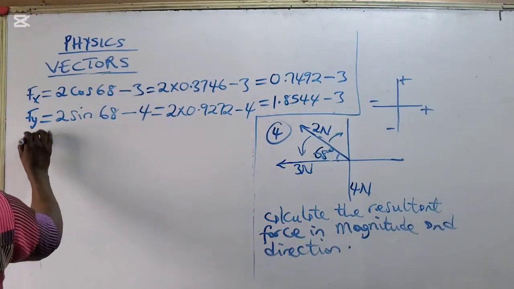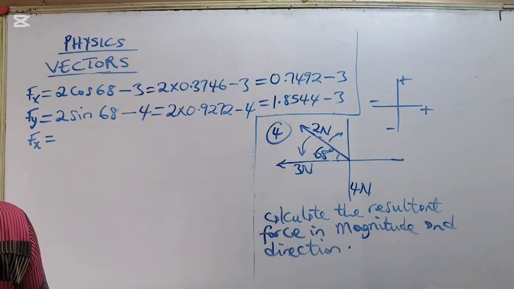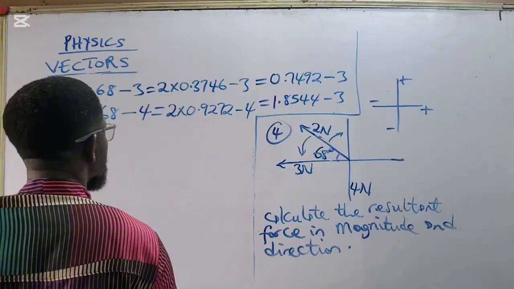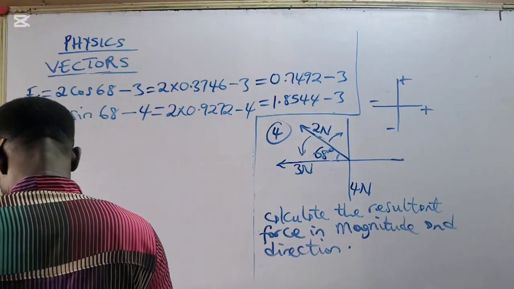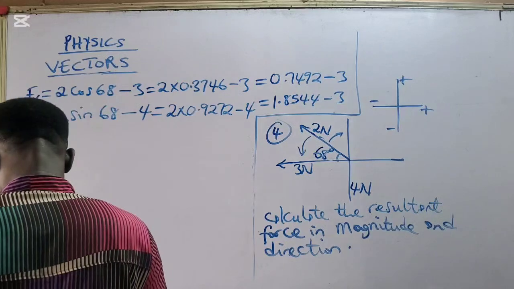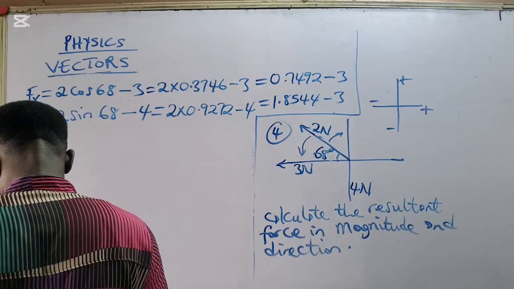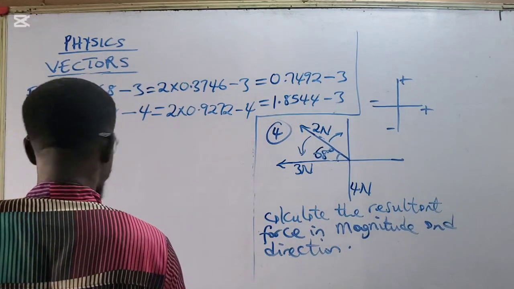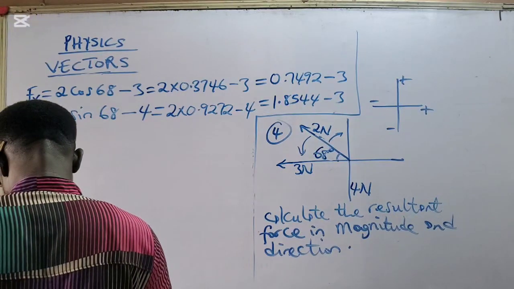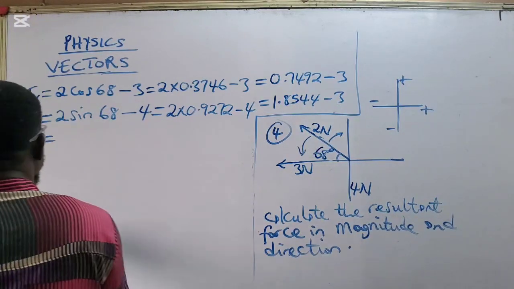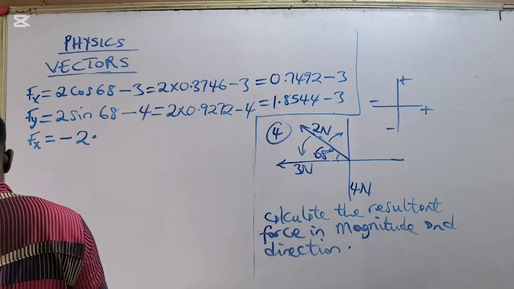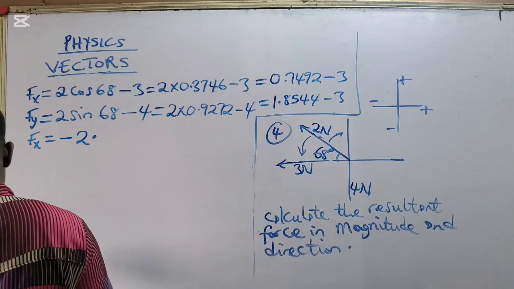So we get Fx: 0.7492 minus 3, so it was minus 2.2508.